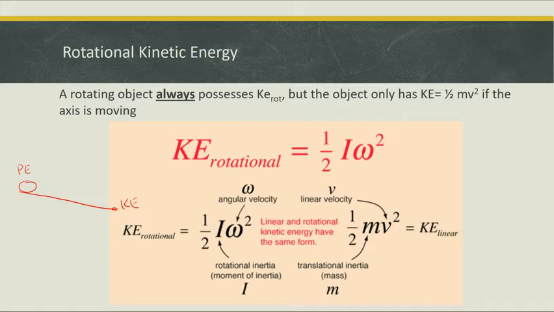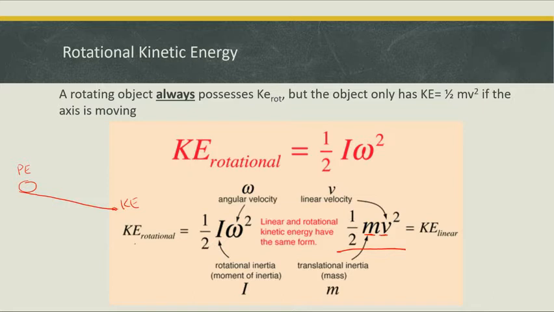So if we think about it, when we talk about our translational kinetic energy, and that's what we learned in our last unit, we know our kinetic energy is 1/2 mv squared. So if we substitute our rotational values for our translational or linear values, we substitute I for our m and omega for our v.